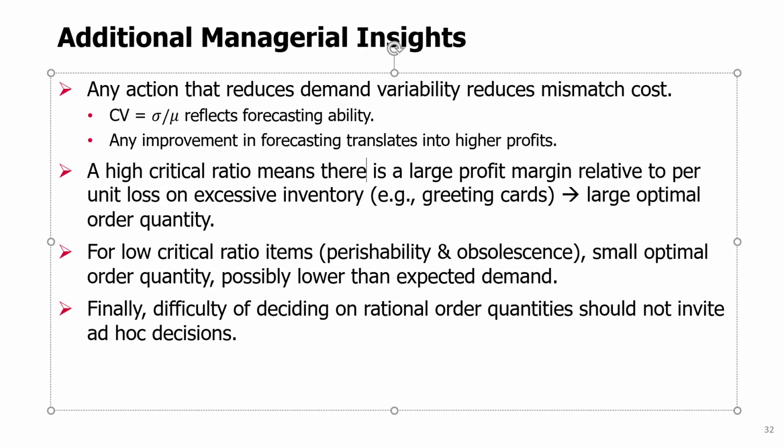On the other hand, if you have low critical ratios, you will often order much less than the expected demand. An example could be some perishable products, for example, fresh vegetables. A lot of small stores that sell fresh vegetables will procure daily quantities that are much smaller than the expected demand, and often in the afternoon and the evening they have sold most of the products.